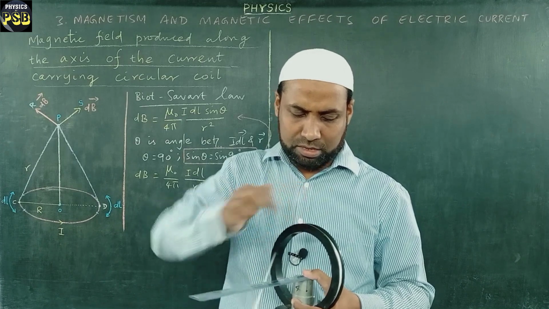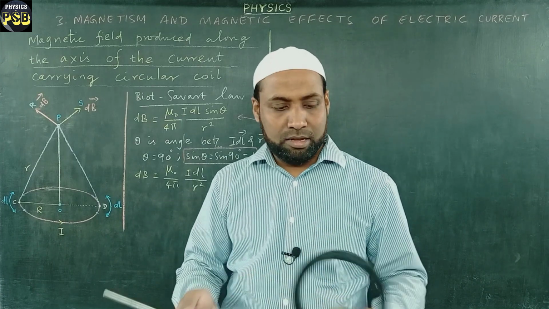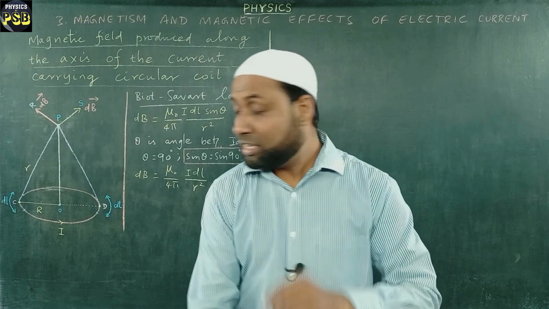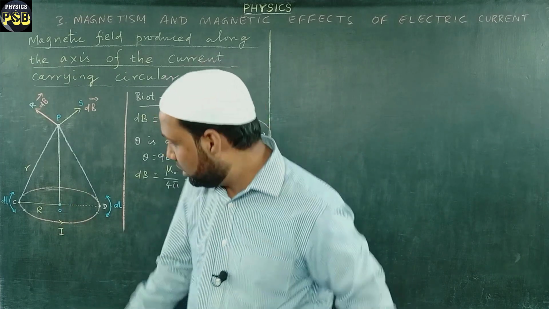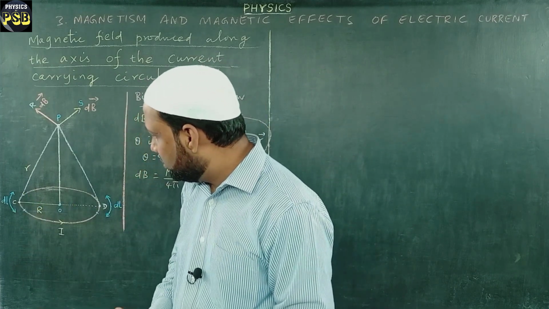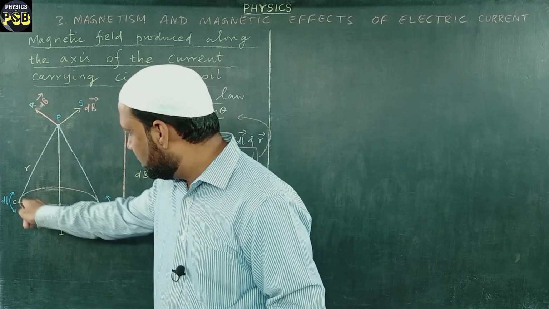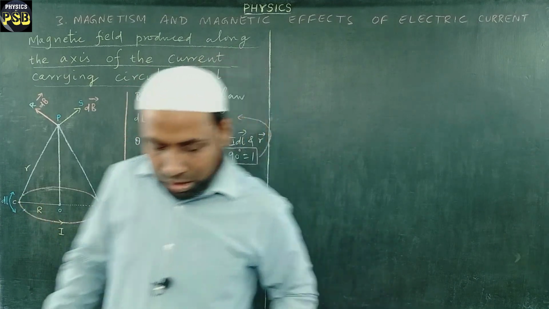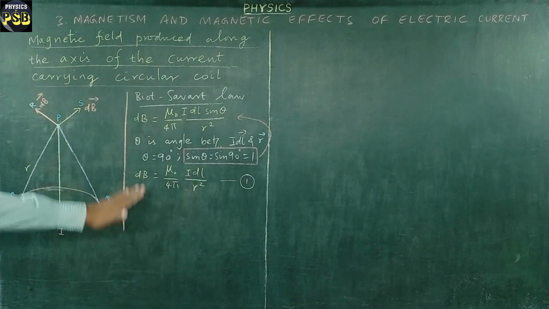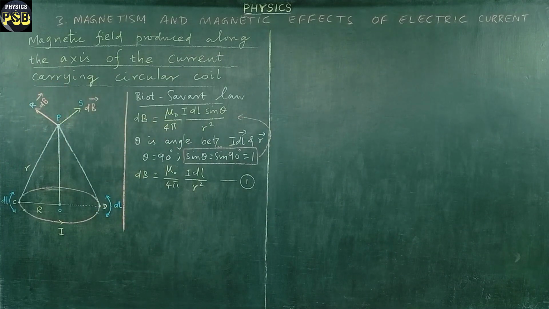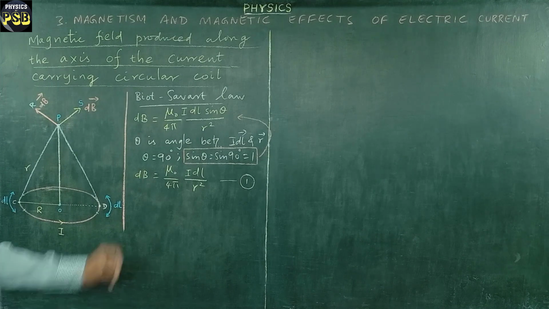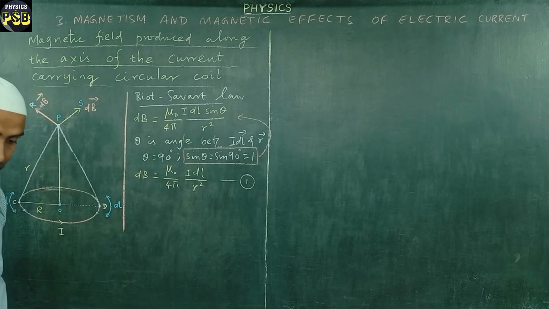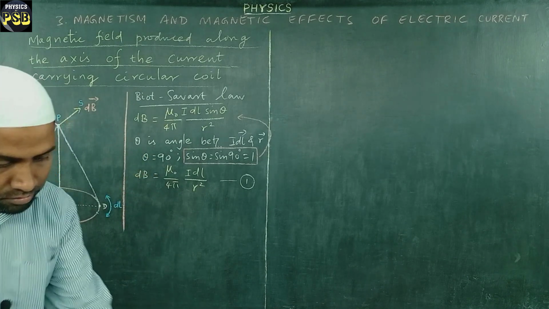This angle is of 90 degree, and it is represented as theta in this diagram. But I cannot show that one here, because if I take this as theta, it won't appear to be equal to 90 degree. I hope you have understood. So this is how we obtain equation number 1 by substituting the value of theta. Now I'll go ahead.